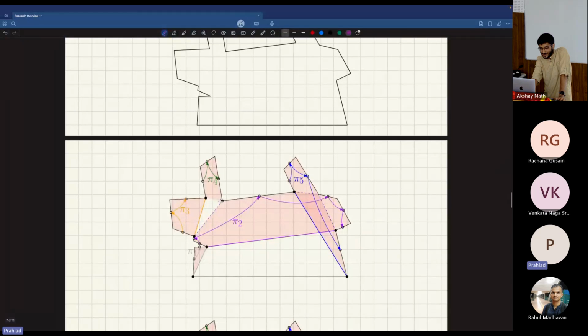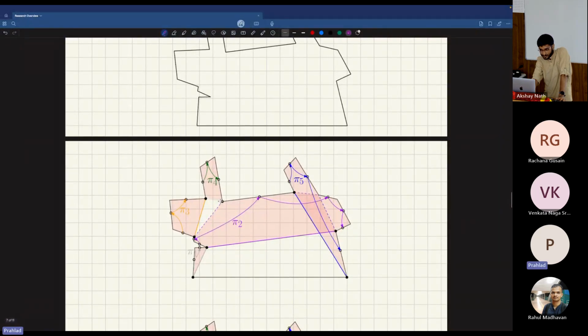So here's a path cover of the graph. So you have 5. Clearly, it doesn't cover the polygon.